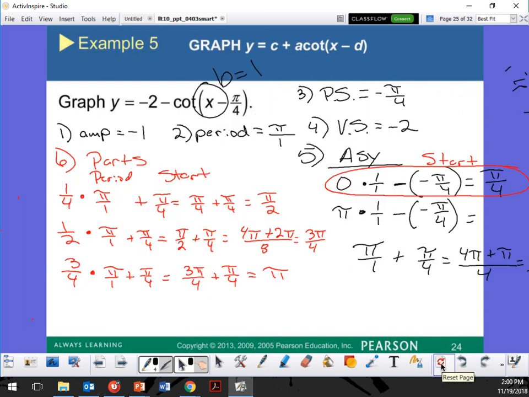So here it is. Oh, I've got to make sure I correct that one right there. It's plus the phase shift.